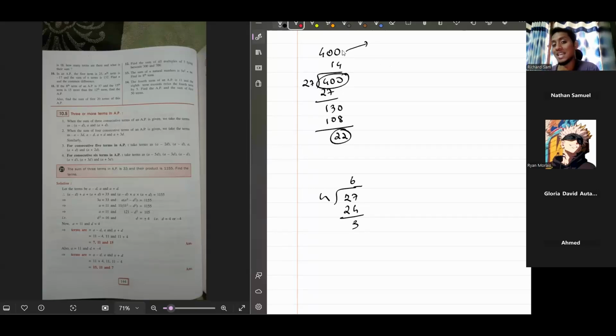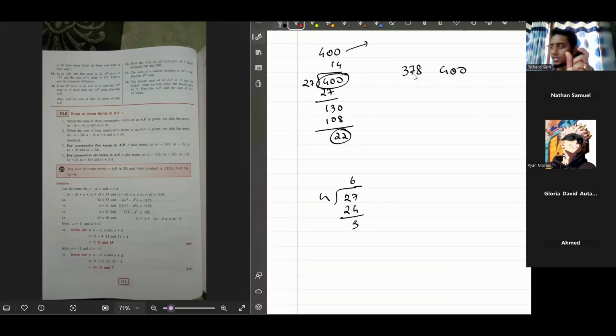So how do you know the next number? You minus 22 and then add 27 to that. First, 400 minus 22 is how much? 378.